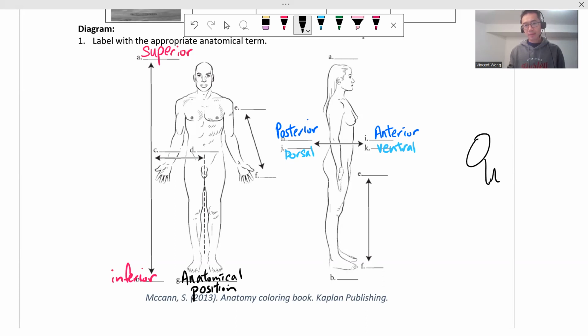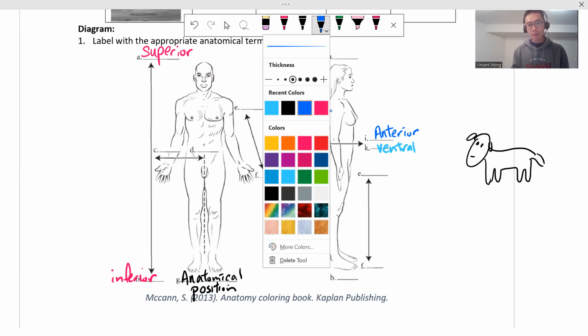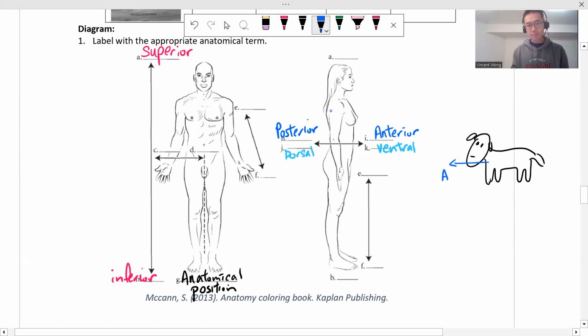So let's say we have a dog or something. For the dog, anterior is still here, right? At the front. And posterior is the back.